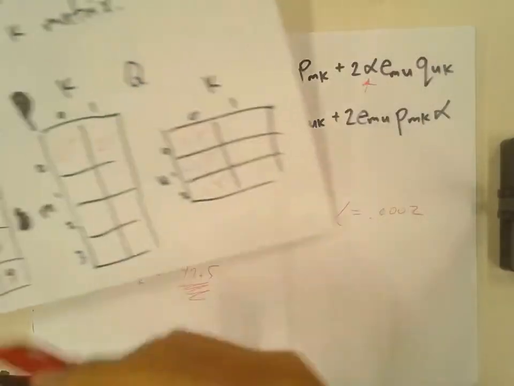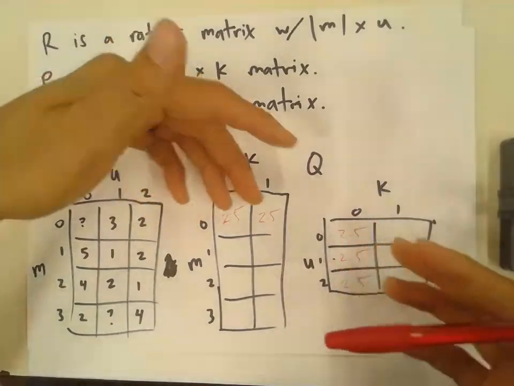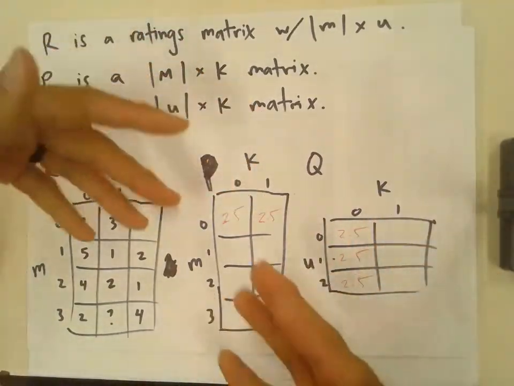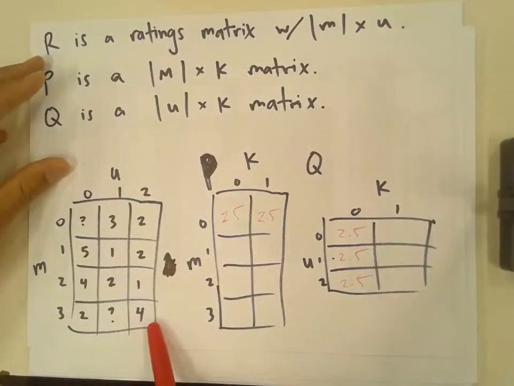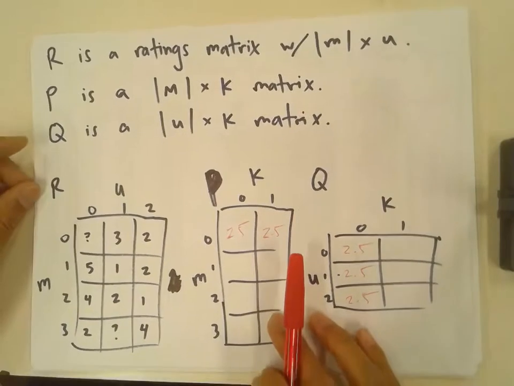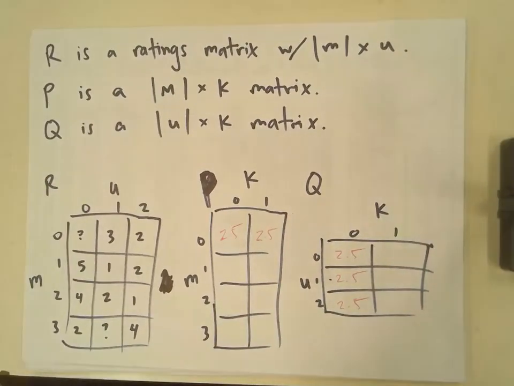And we can do this again and again, and what you're going to see is that these 2.5s are all going to be pushed over to these values that we're trying to approximate via stochastic gradient descent. So hopefully that was clear. I know there were a lot of inaccuracies in the explanation, but that's generally how it's going to go.